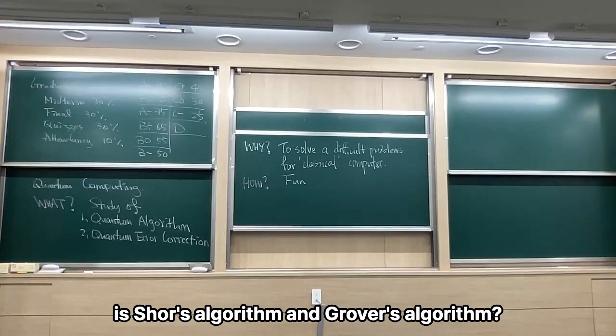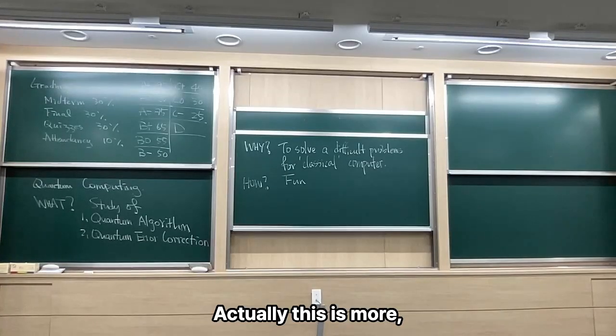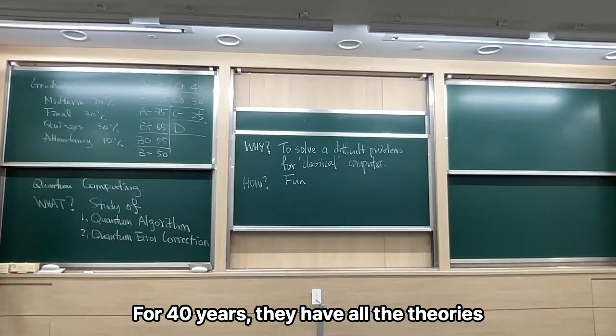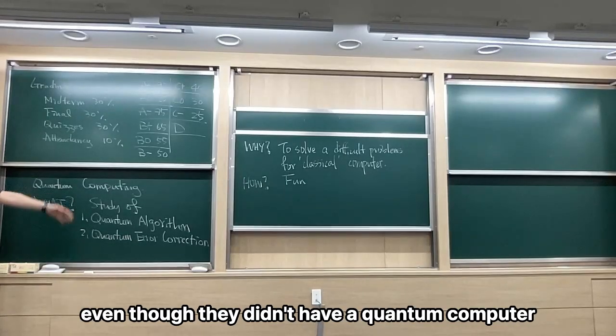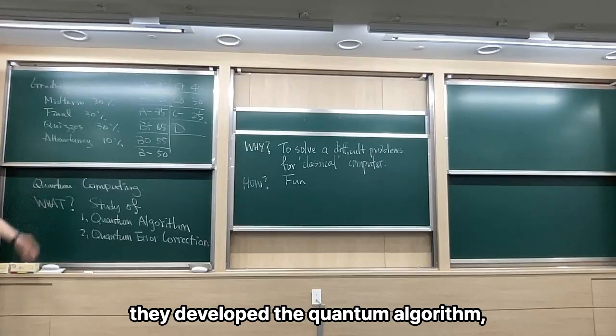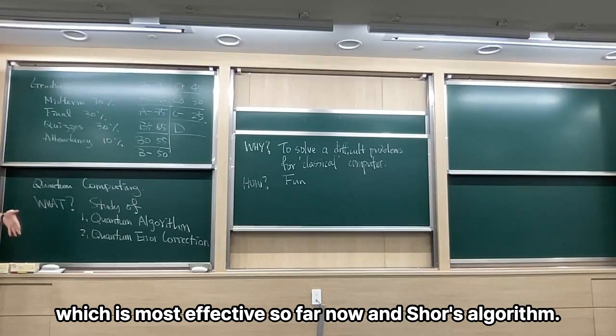But do you know how old Shor's algorithm and Grover's algorithm are? It's almost 40 years ago that they developed those algorithms. For 40 years they have had all the theories, even though they didn't have a quantum computer or any idea how to make one. They developed the quantum algorithms that are still the most effective so far.